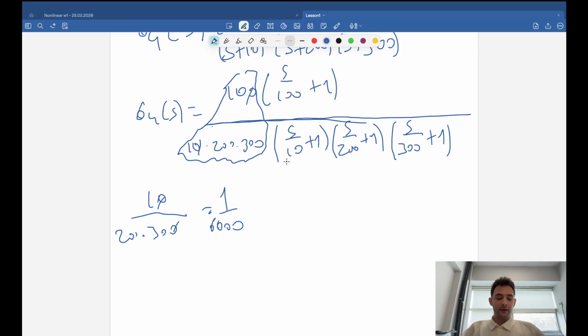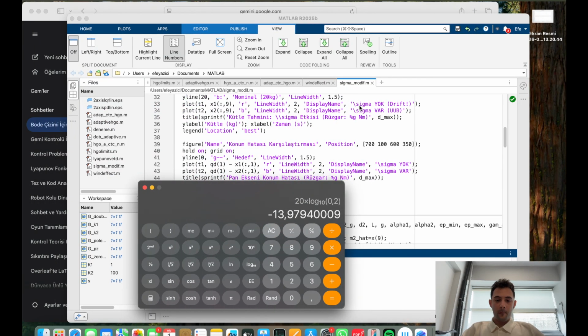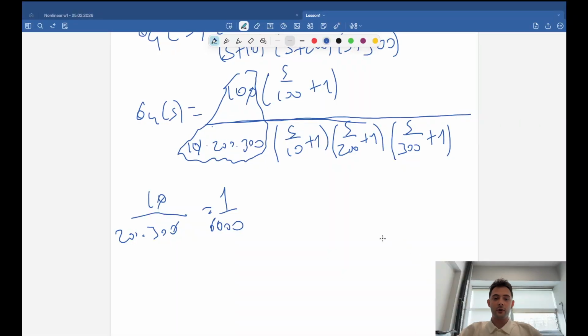But how can we figure that out? Hold on. 20 log 1 over 6,000. Okay, it's minus 75. It's a bad value, but not important. Let's go. So we have minus 75. Okay, we will draw.